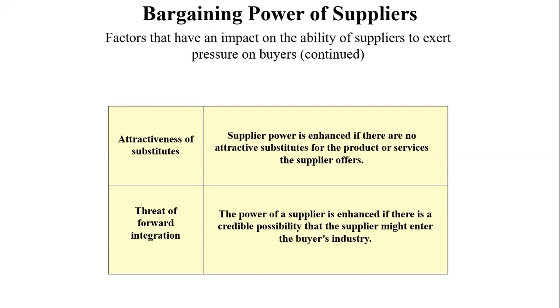Now, the threat of forward integration. The power of a supplier is also enhanced if there is a credible possibility that the supplier might enter the buyer industry. Okay, let me take it once again.